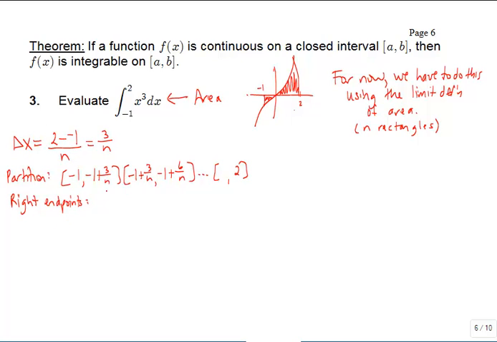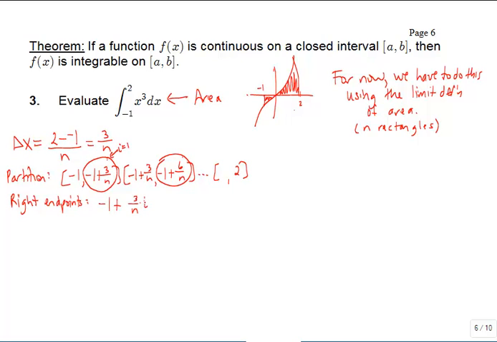So what would be a formula that's going to generate each of these right endpoints? Notice the pattern here. It's -1 plus, and my width is that 3 over n, and if I multiply that by i, that will generate each of these right endpoints. When i is 1, I get this one.